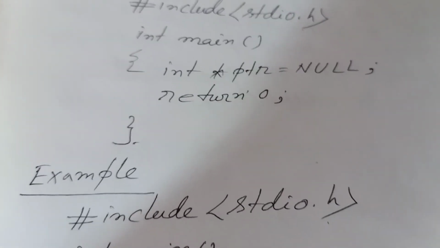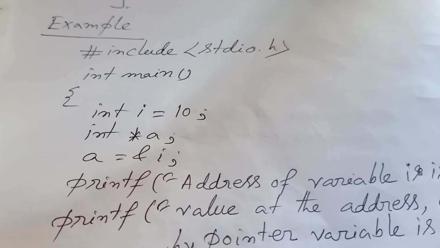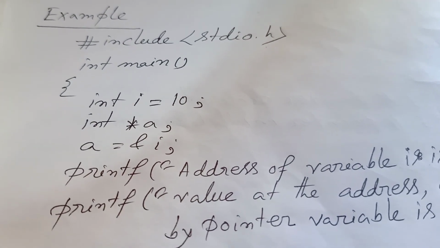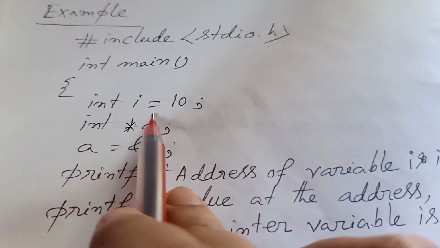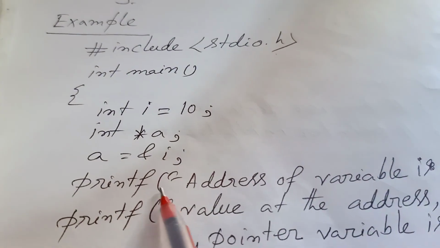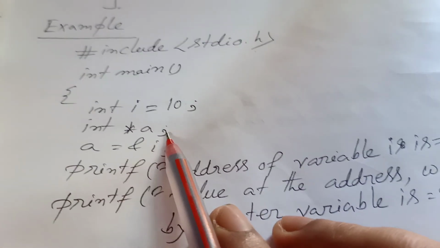Now we understand the pointer. With an example we will see it briefly. #include <stdio.h>, int main, int i = 10, which holds the value of 10. Now int *a, this is the pointer variable.